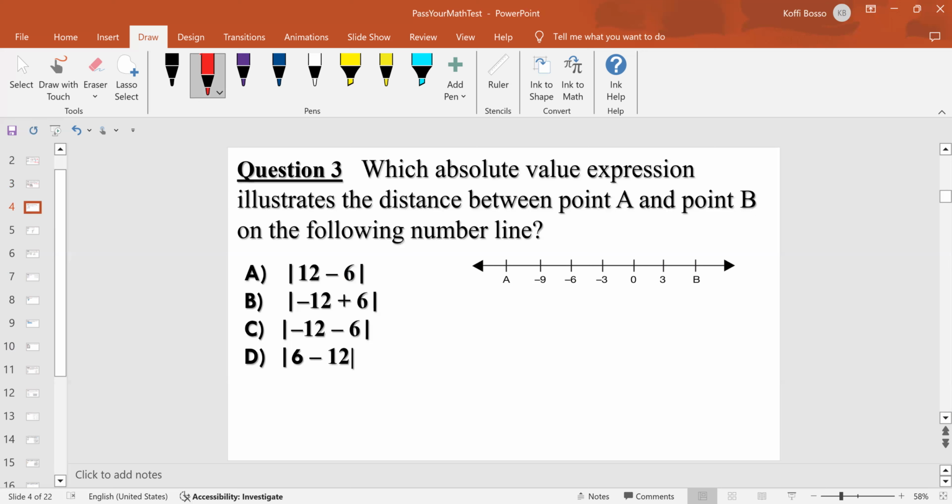Question number 3. They say which absolute value expression illustrates the distance between point A and point B on the following number line.